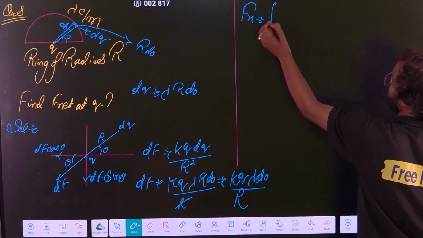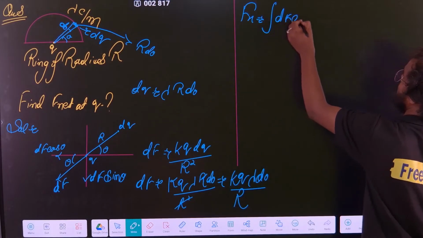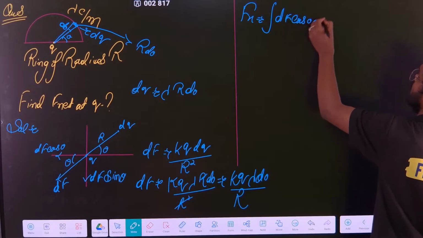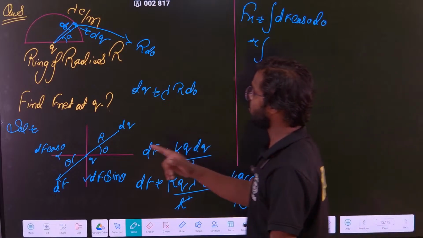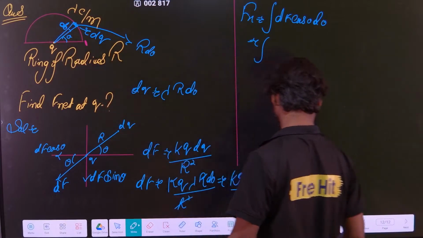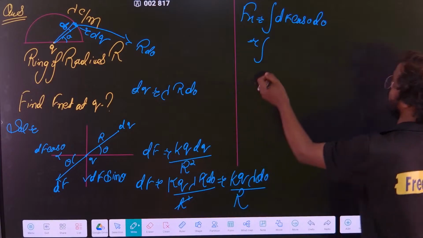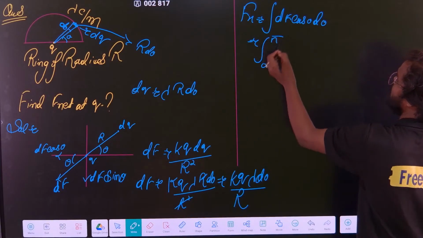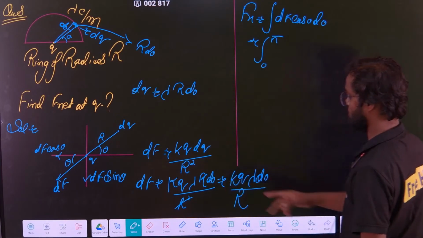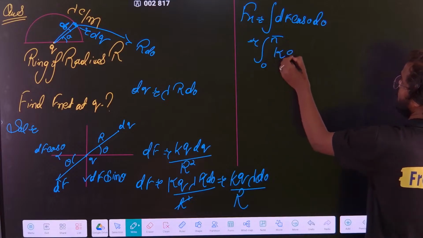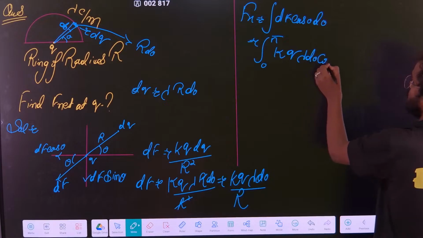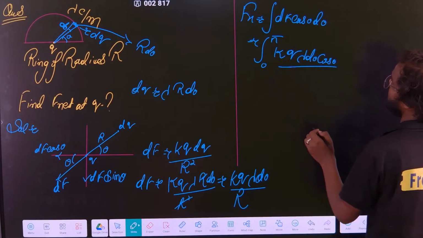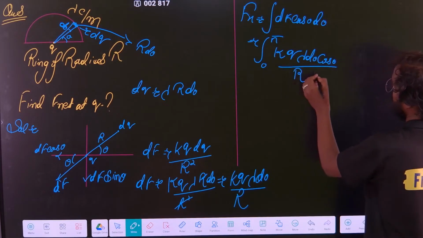So it is integration of df cos theta. Now tell me the limit of theta: from 0 to pi. What is my df? The df value is this, so k q lambda d theta cos theta divided by r.